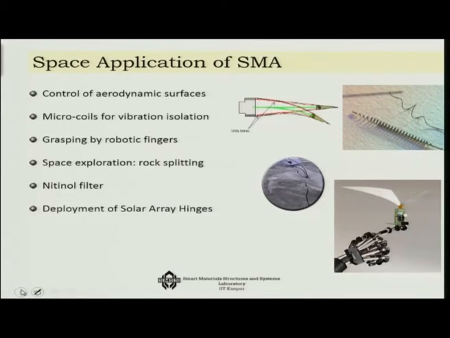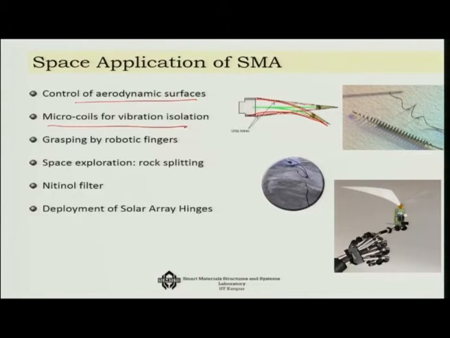Using these, there are many interesting applications that have been developed. For example, the control of aerodynamic surfaces like aircraft wing controls, etc. As you can see here, that SMA wire is controlling the so-called angle of attack. So that is one application.